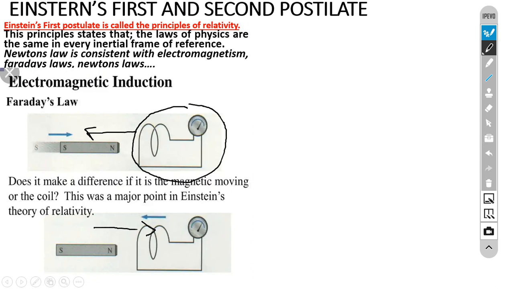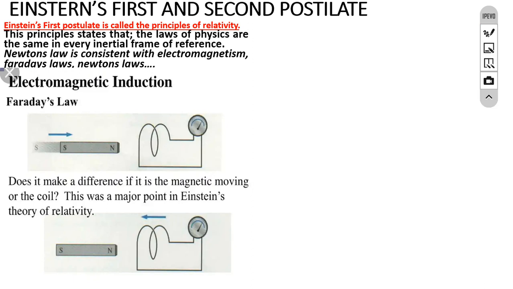The same amount of current flows. That is the other frame of reference. That was what Einstein was trying to say, that no matter where you are looking at it from, the law of physics holds. Are you following what I'm trying to say? Okay.